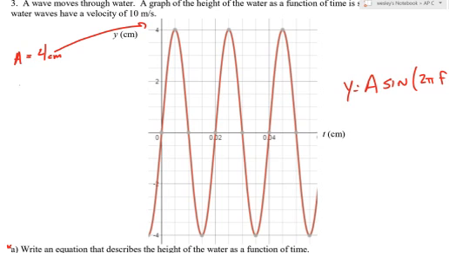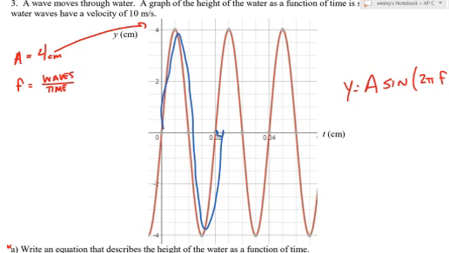And in order to get the frequency, it's waves per unit time. And if we look at what's happening here, we get one whole wave in 0.2 seconds. So the frequency comes out to be 50 hertz.